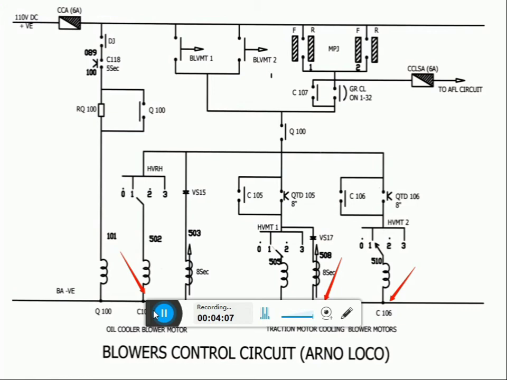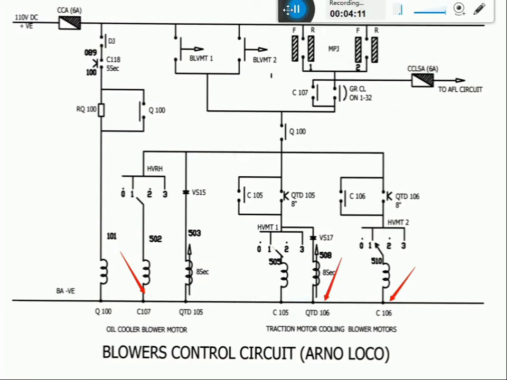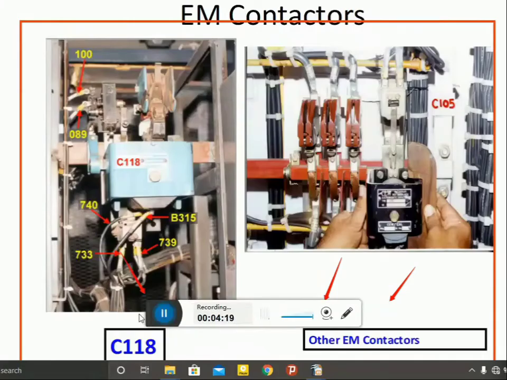After all troubleshooting, if any of the EM contactors, either C107 or 105 or 106, is not closing, we are permitted to wedge the EM contactor. You can see here how to wedge an EM contactor. With a suitable wooden wedge or with the supplied EM contactor wedging clip, we can wedge the contactor.